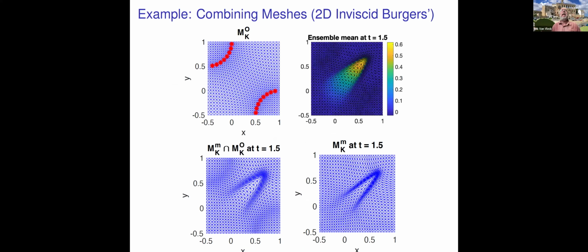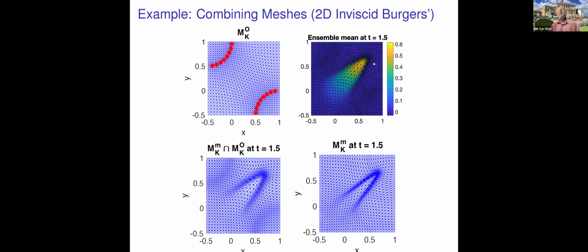All right, so here's an example, from a 2D inviscid Burgers problem. In the upper left, we have the observational mesh, and the red dots are the support of the observations. The observations are supported on these two quarter circles. In the upper right is the ensemble mean.